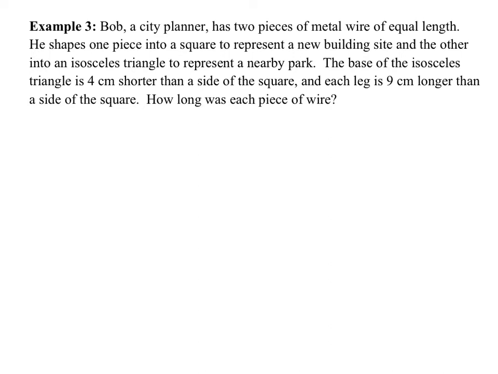So imagine you had 2 pieces of wire, and I could actually demo this. I have 2 pieces of wire to bend right now. So I got 2 pieces of wire here, but I need them to be equal. Hold on, let me find 2 equal pieces.